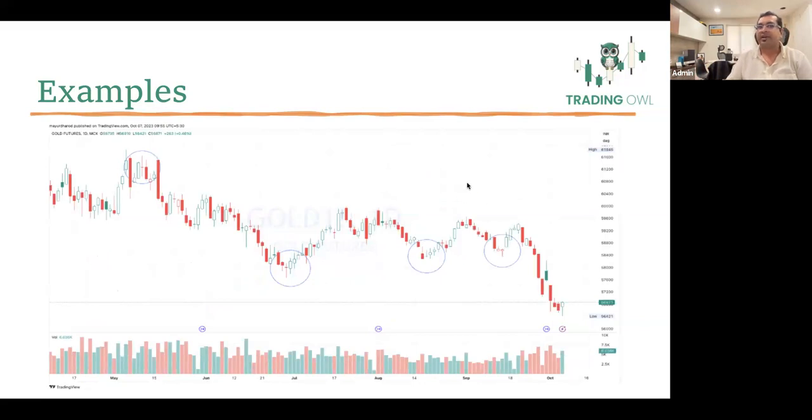Now, I haven't specified which candles these are. I want you guys to point out. Can you tell me which candle is what over here? And Sonal is going to validate it. Come on. You've seen all of these examples.